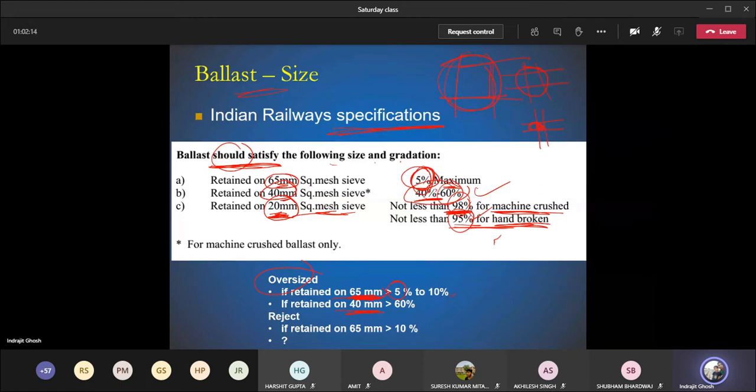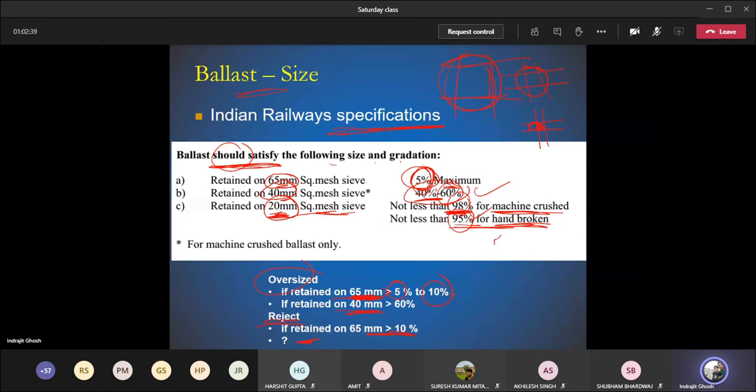Okay. Now reject. We reject it if retained on 65 millimeter greater than 10%. So it is oversized, or I would say super oversized. More than 10% being retained on 65 millimeter square mesh sieve, so we will reject that. There is one more point.